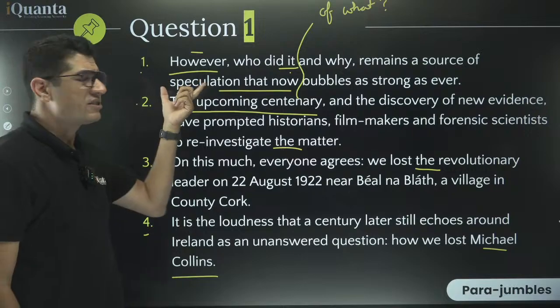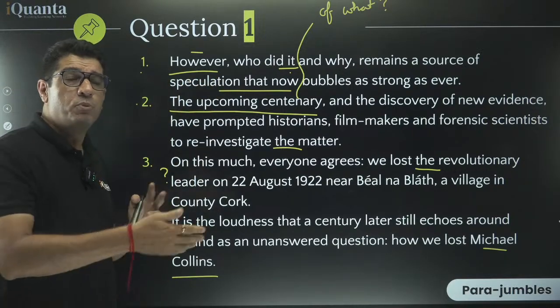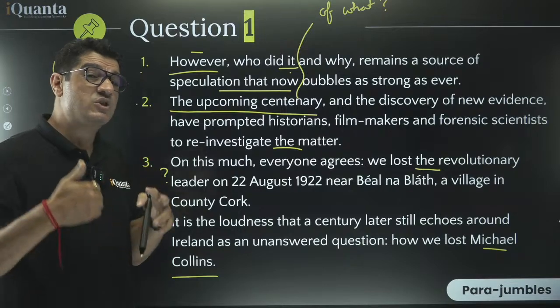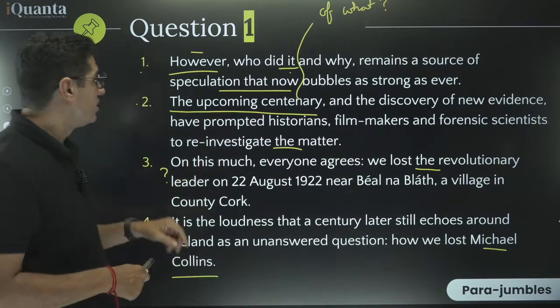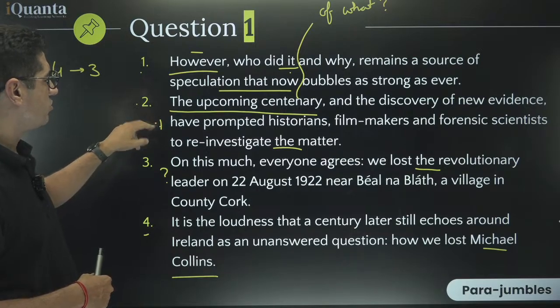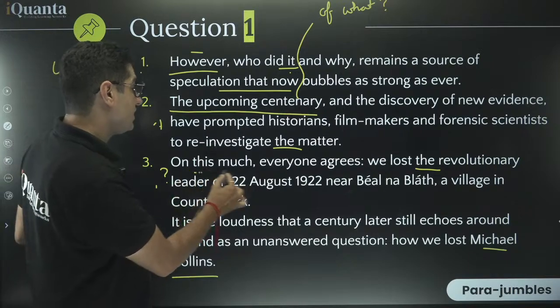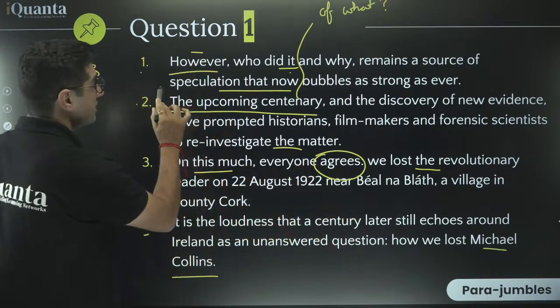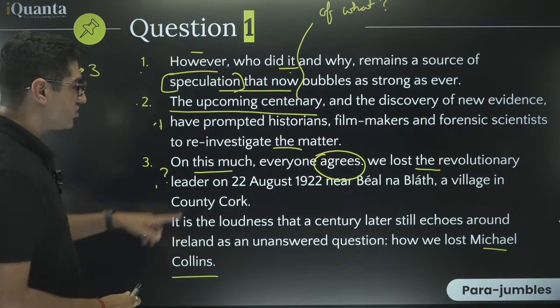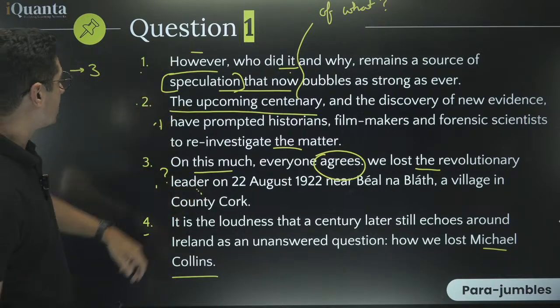Speculation is where you're guessing. So right before it, you would want to put in a sentence that talks about something which is not speculative. Is there something definitive happening here? No. Third, yes. On this much, everyone agrees. But then here, there is a speculation. So if you want to justify however, you need to put in this sentence right before.